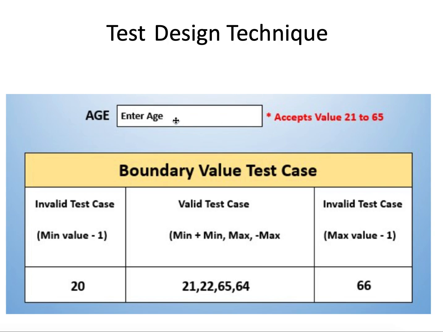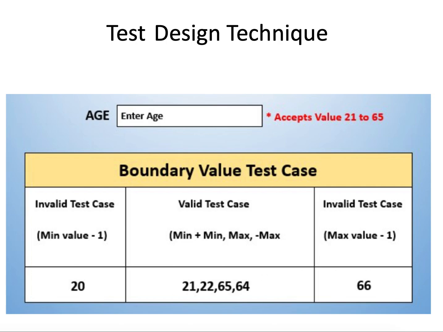This is the very basic formula for the boundary value analysis test design technique, where a plus minus 1 and b plus minus 1. So a plus and minus 1 means 21 minus 1 is 20, 21 plus 1 is 22, and then 21. So a plus minus 1, b plus minus 1. Simple. This will be the valid test cases and this will be the invalid test cases.